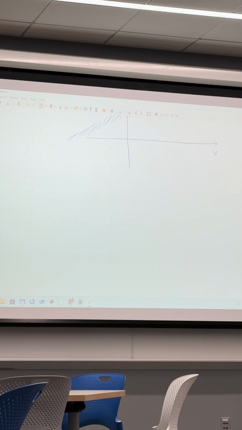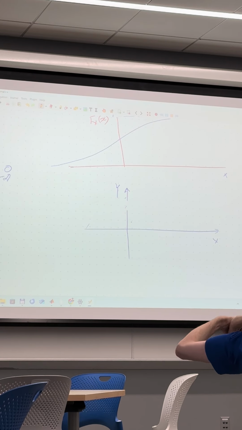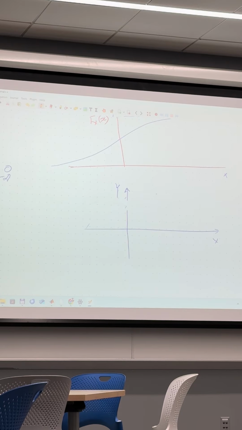So if you have a rectangle, where this is x1, this is x2, this is y2, and this one is y1.